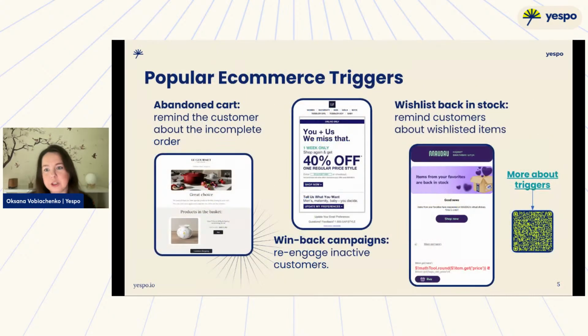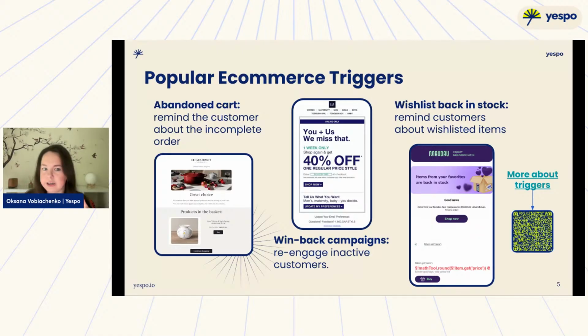When starting automation, here's the starting trio which every business usually launches first: abandoned cart, win back of inactive users, and wish list back-in-stock alerts.